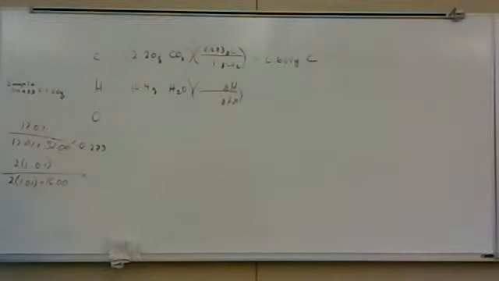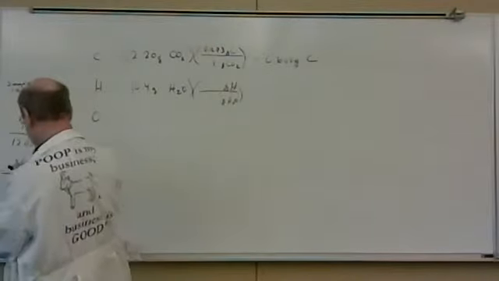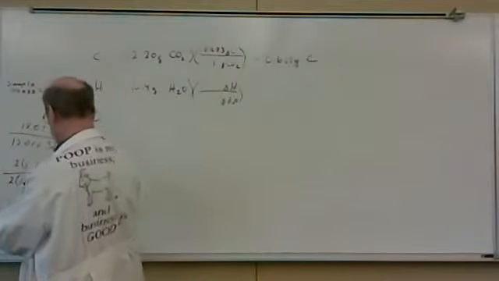Let me try that again. Oxygen is 16. Let's see. 2 divided by 18. Yeah, that's right. So the actual number is 2.02 divided by 18.02.